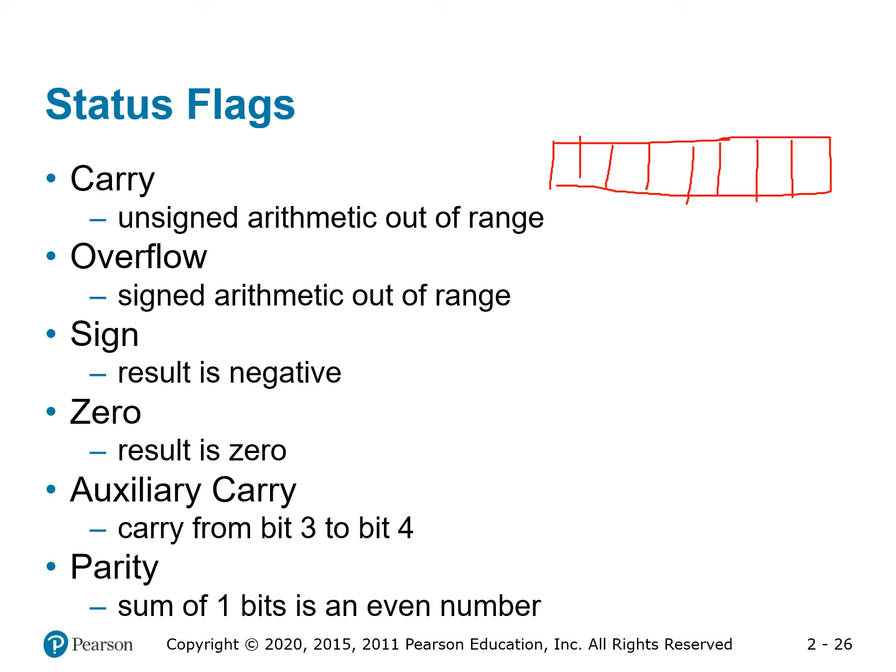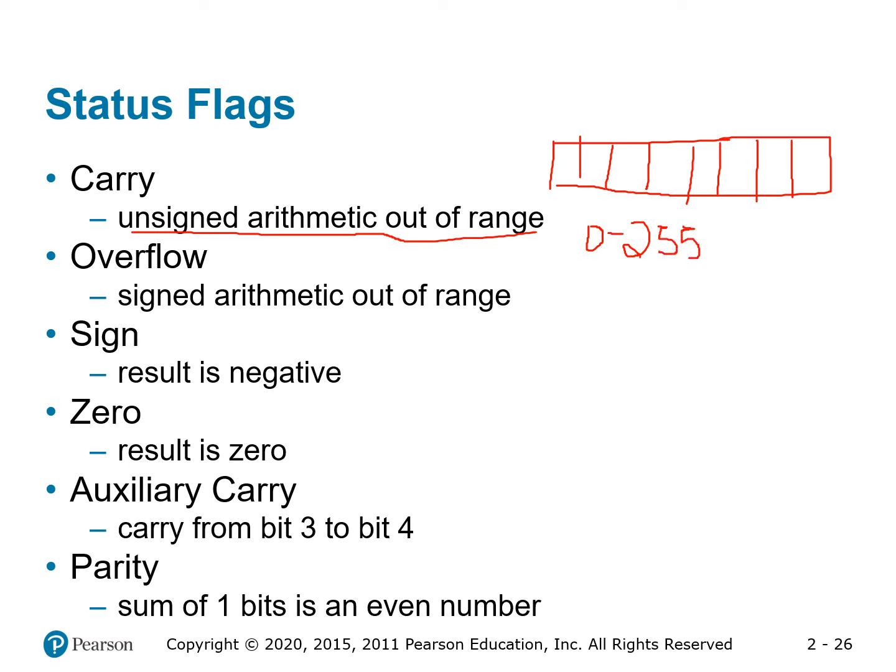So if for some reason we have an unsigned arithmetic out of range, so if you remember the range of a byte was 0 to 255.